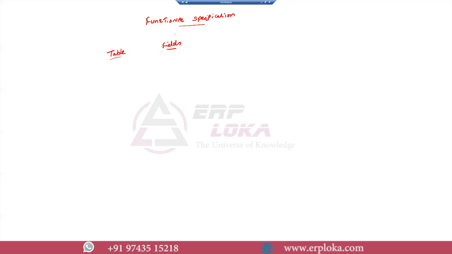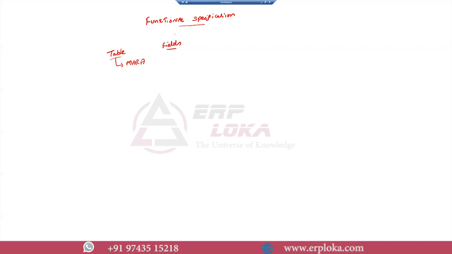For example, what is a table? If you take material, in material you have the basic data. What is the basic data? Basic data contains the material number, base unit of measure, and description. All those are fields, and all are included in a single table. For example, you have a table called MARA.